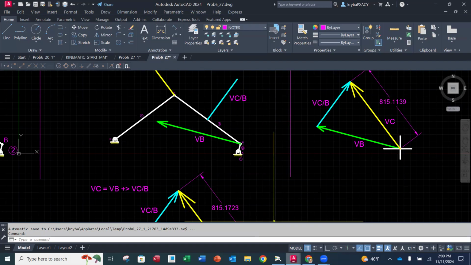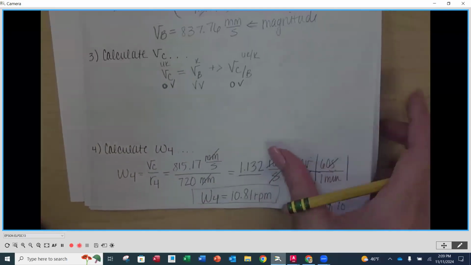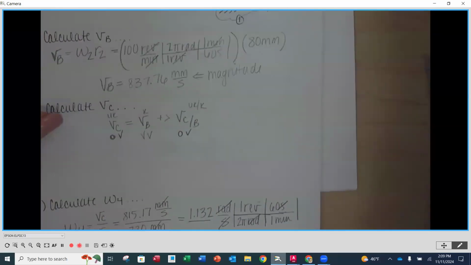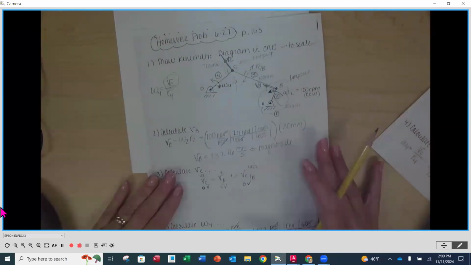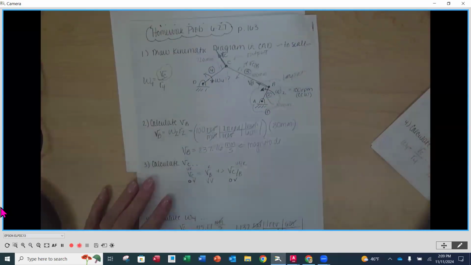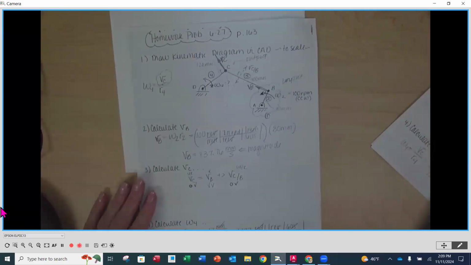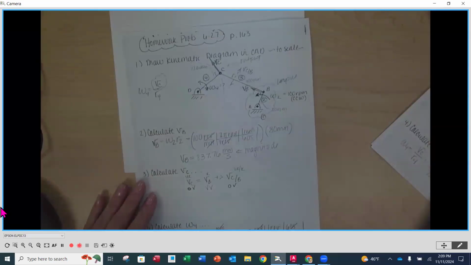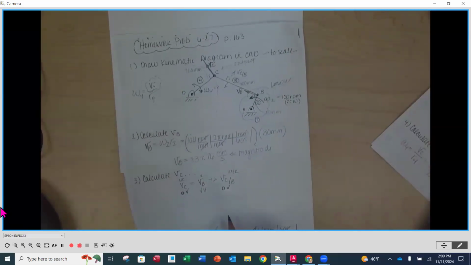Okay, so let's take a peek underneath at our practice problems. We did two relative velocity problems today, graphical relative velocity. These are going to be the last problems. I think there are four that you're going to be doing for your homework.